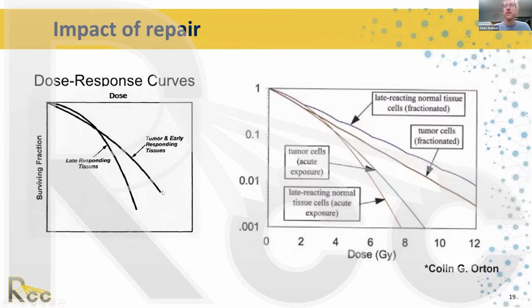So there's more to it than just single strand and double strand breaks. That's an easy way to conceptualize it, but there's also a lot about repair that goes into these curves. So maybe I simplified it too much, but in the end, what's important is to understand what these alpha beta ratios mean in terms of what the curves look like and how that affects the two curves when you add fractionation.